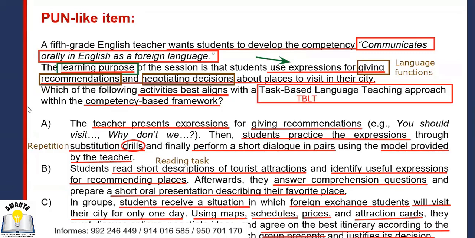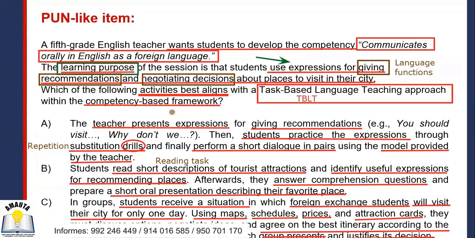Good. The question here is, which of the following activities best aligns with a task-based language teaching approach within the competency-based framework, right?